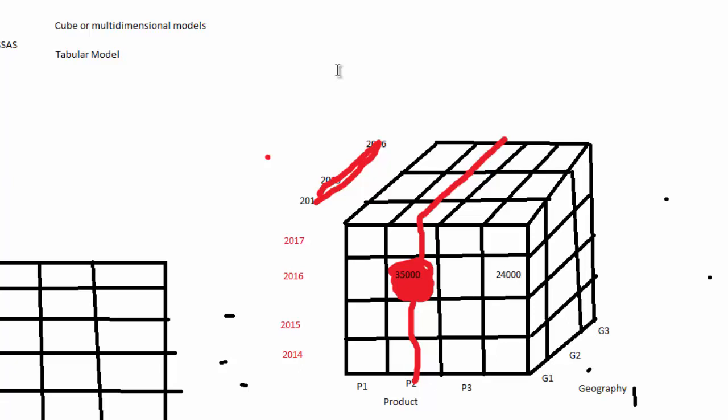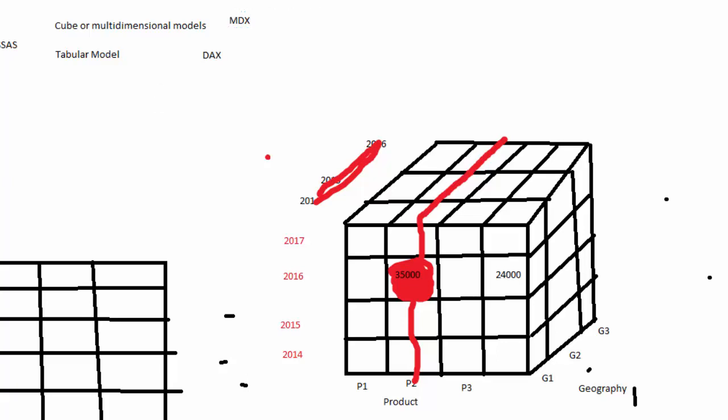But the only difference is that in tabular model, you will use queries called DAX, which is data analysis expressions, to query the data. In SQL, for the two-dimensional data you use SQL, right? So for the tabular model you use DAX, and for the multi-dimensional you use MDX, multi-dimension expressions.